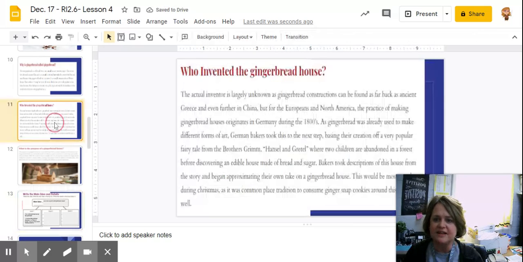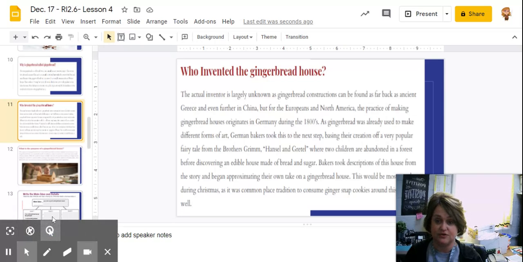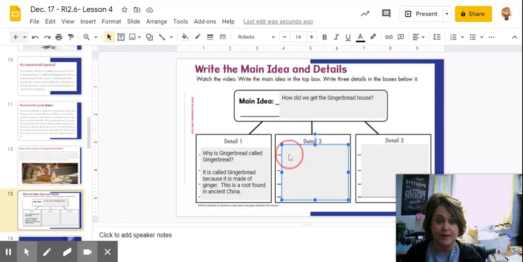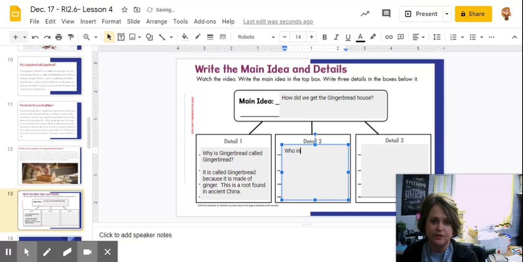Okay. The next heading is, who invented the gingerbread house? So I'm going to put that heading, who invented the gingerbread house? The Germans began creating the gingerbread house in the 1800s.